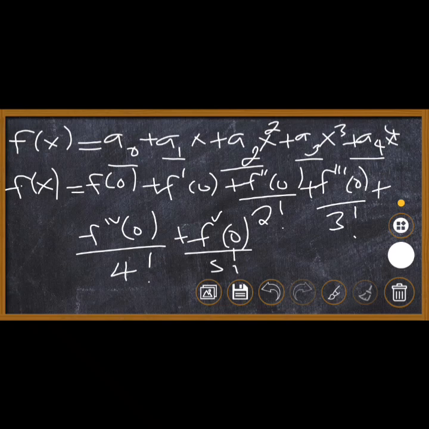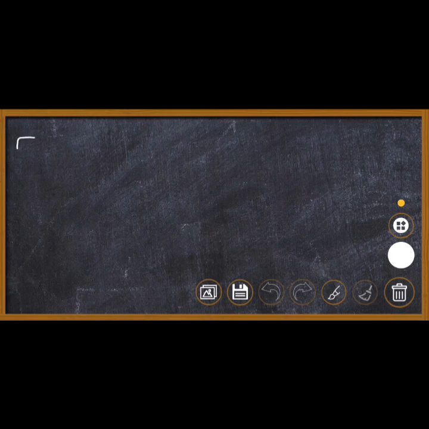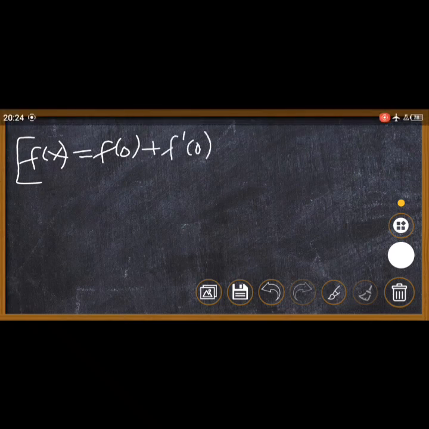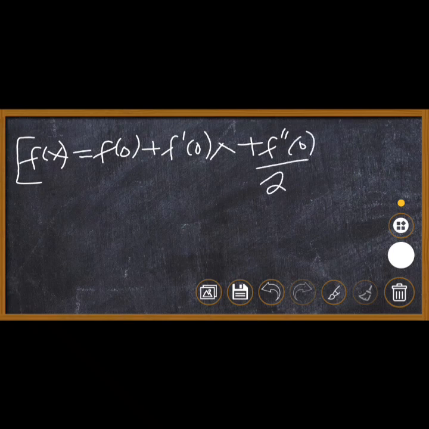So in short, let me just write this as shortly as I can so that we might see. Here I've just replaced where there are a values with what we had found. So in this case, our Maclaurin's theorem becomes f of x equals f of 0 added to the first derivative of 0 times x, plus the second derivative of 0 over 2 factorial, plus the third derivative.